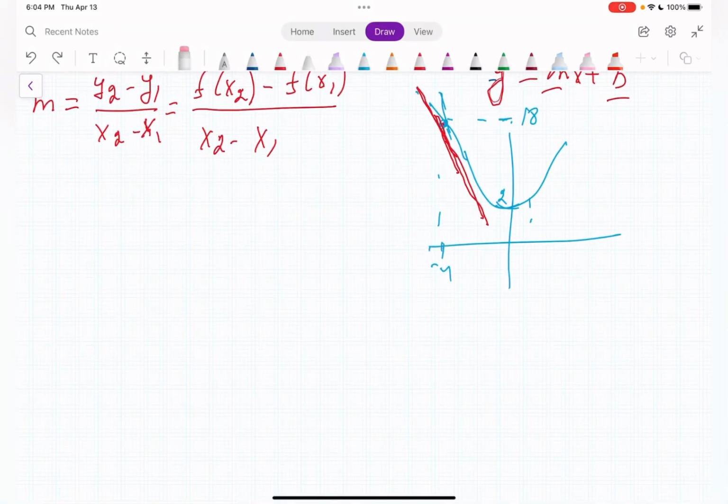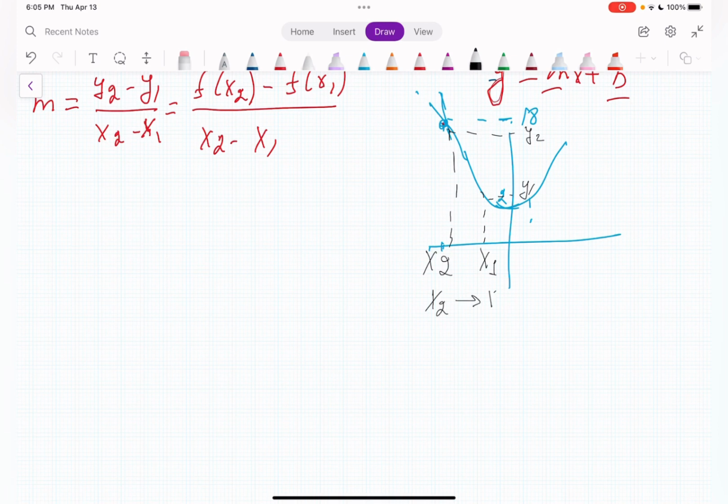Let me clean this -4 and this line so we can work. Here I have my x1, here I have my x2. Accordingly, this is y2, and this one is y1. So I can go either from x2 to x1, or from x1 to x2. That doesn't matter at all.